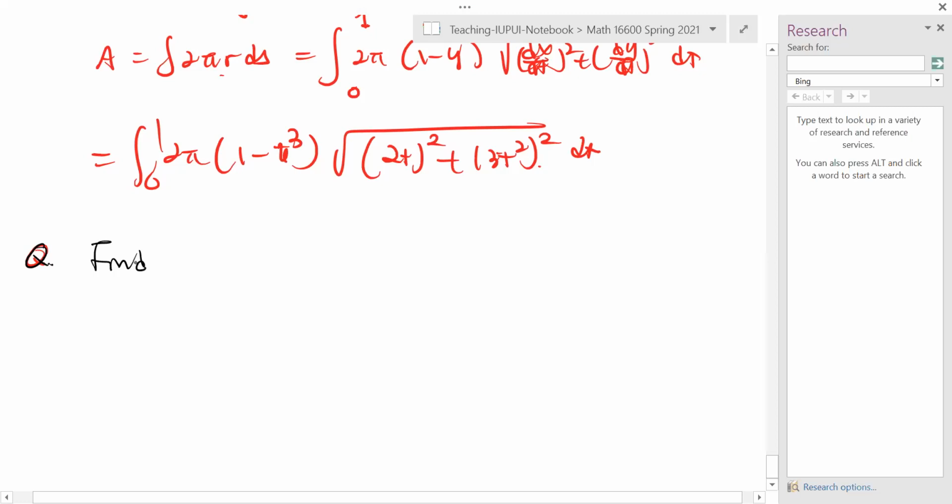Okay, this is a problem without using parametric equations.